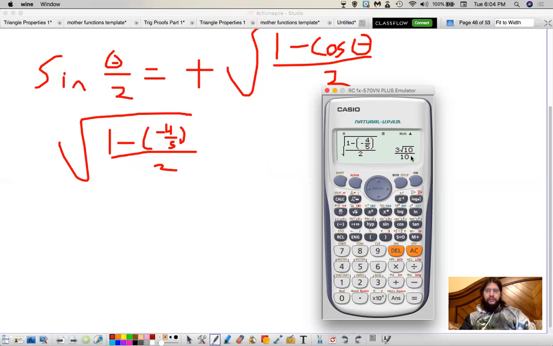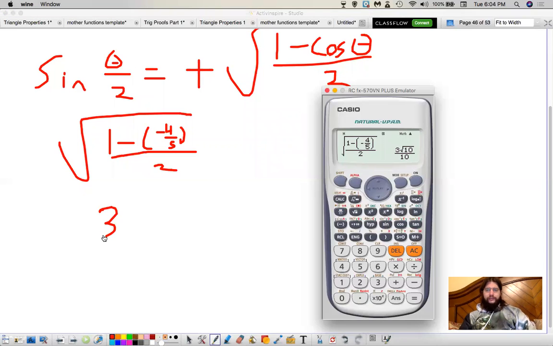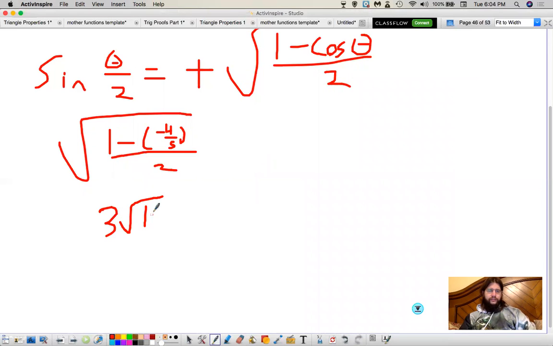Yep, 3 square root of 10 over 10. Cool. That's what sine of theta over 2 is. That's all there is to it.